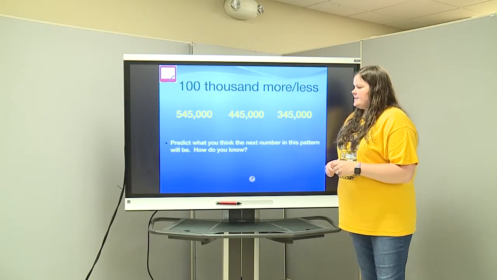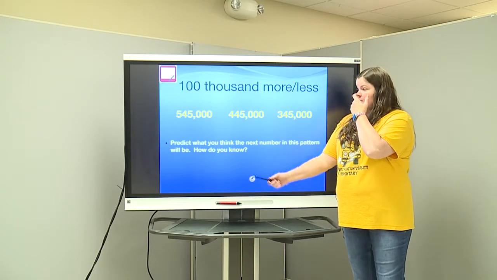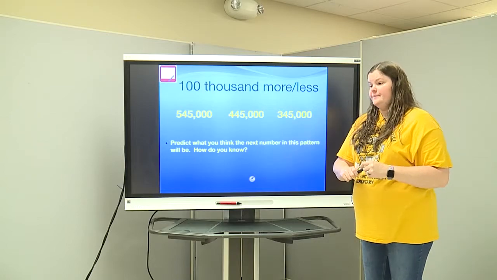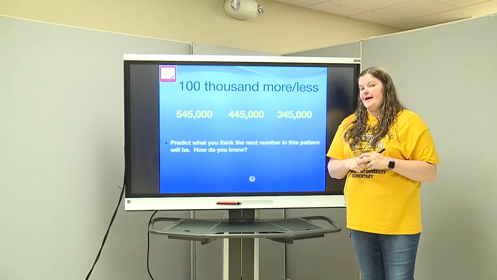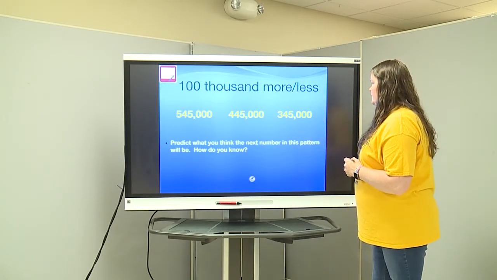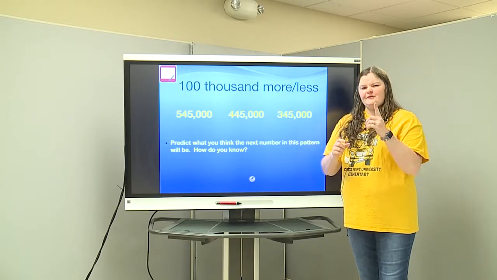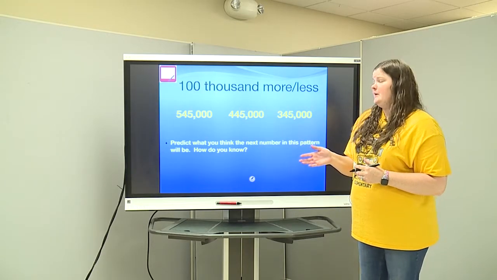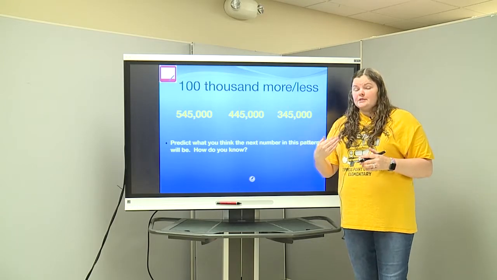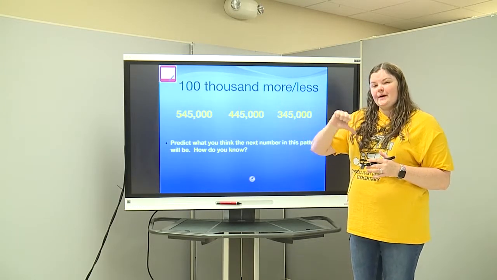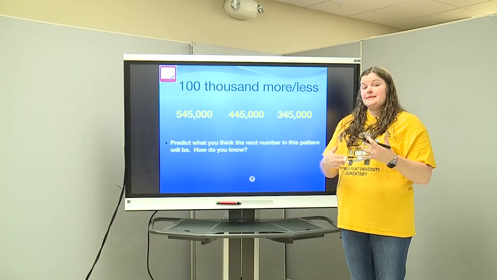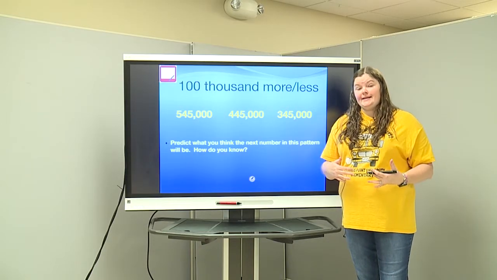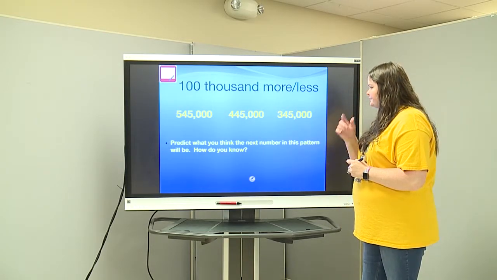So think about this as a number pattern. So the first thing that I notice when I look at these three numbers is that they're getting smaller. So I know that my pattern is going to be taking something away or subtracting something.